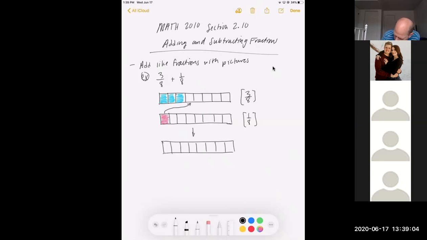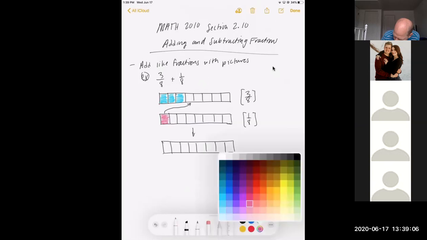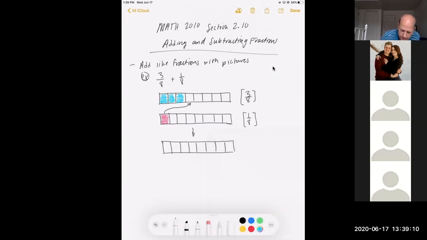And in my new bar, I have all 3/8 and my 1/8 make the 4/8. Okay. So we're going to make 4/8 here. Okay, so here's my 4/8.